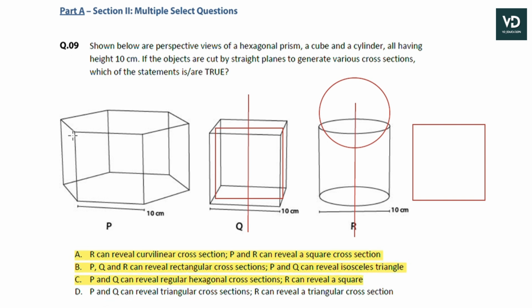Yes, this can be cut as follows: if we cut this shape from the top view, like from this axis, the top view will be the regular hexagon, like this.